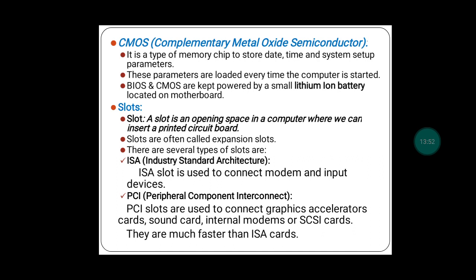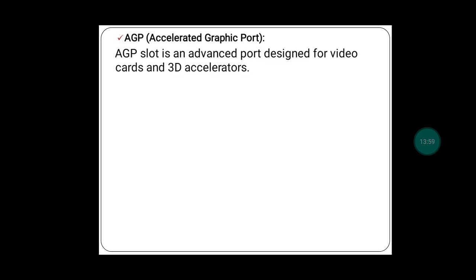We saw two slots here, ISA and PCI. Now moving on to the next slot, that is AGP. AGP, as the name suggests, is accelerated graphics port, and this slot is an advanced port designed for video cards and 3D accelerators. When you play videos or games on the computer system and see 3D pictures, how do you see them?